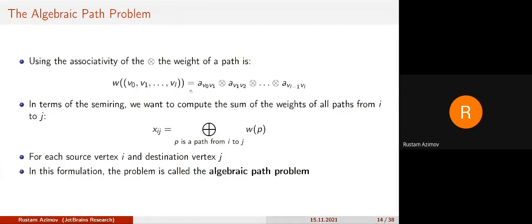Then we want to compute, for each source vertex i and destination vertex j, the following sum of the weights of paths between these two vertices. And in this formulation, the problem is called the algebraic path problem.